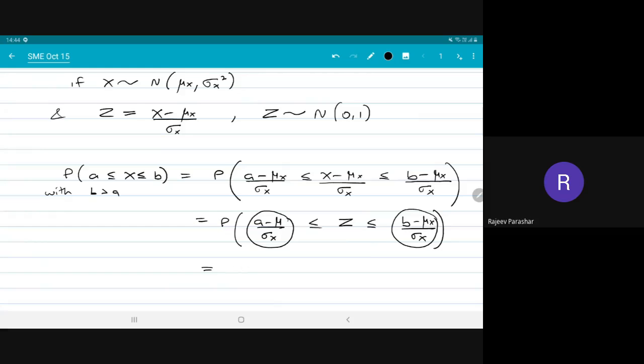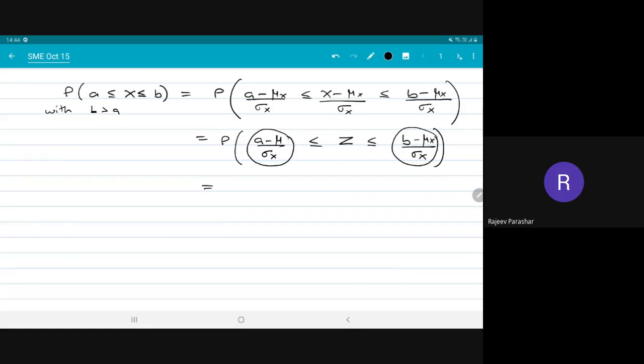Then this problem gets transformed on the axis of standard normal, which is going to look like this, centered on mean 0 with a variance of 1.